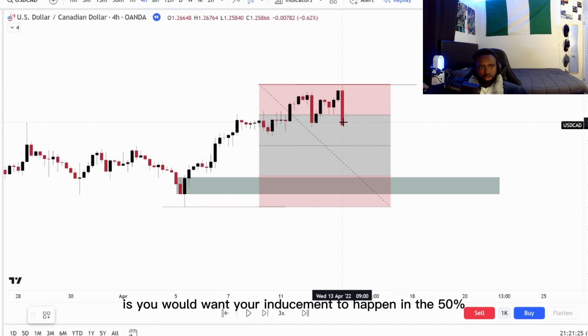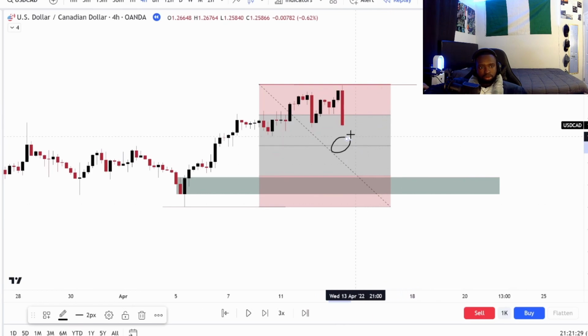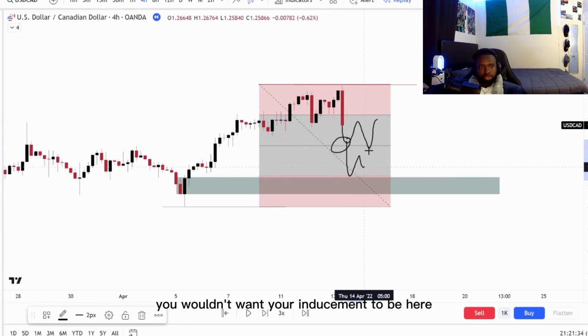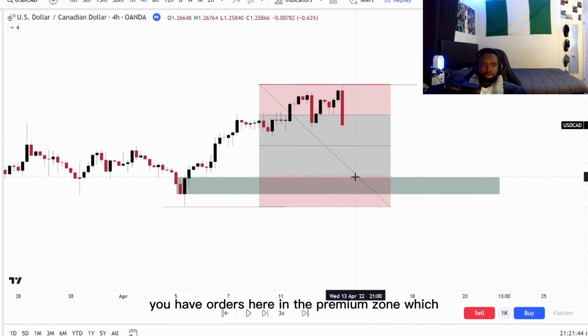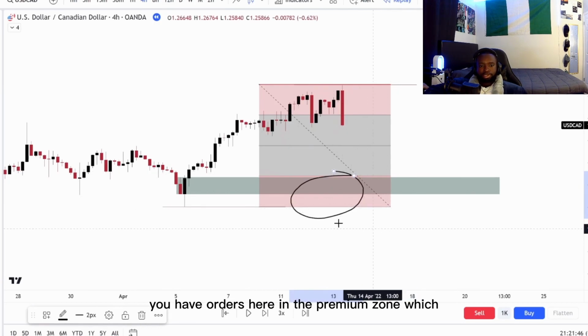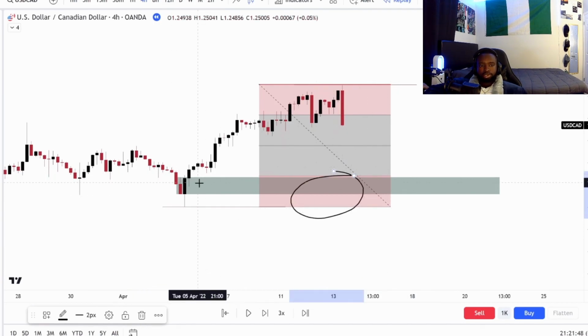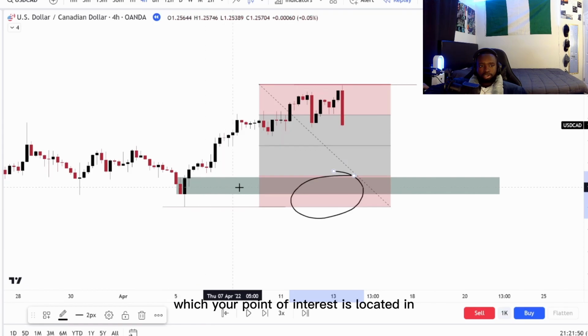So what you would want essentially is you would want your inducement to happen in the 50%. You would want your inducement to be here. You wouldn't want your inducement to be here and then for price to reach your level or even close by to the premium. Why? Because think of it as you have orders here in the premium zone, which your point of interest is located in.